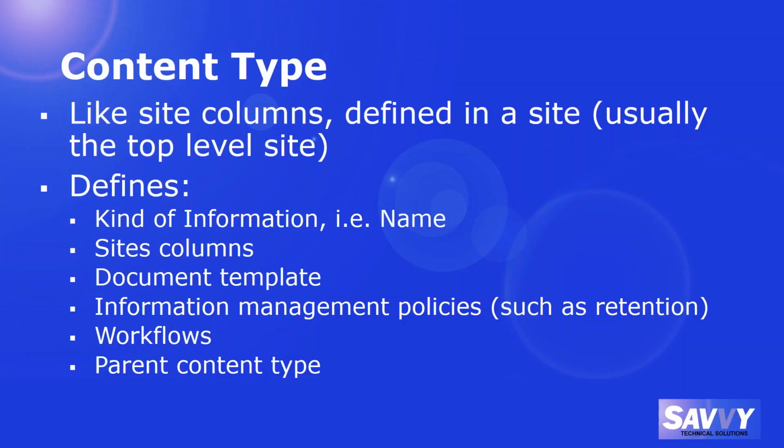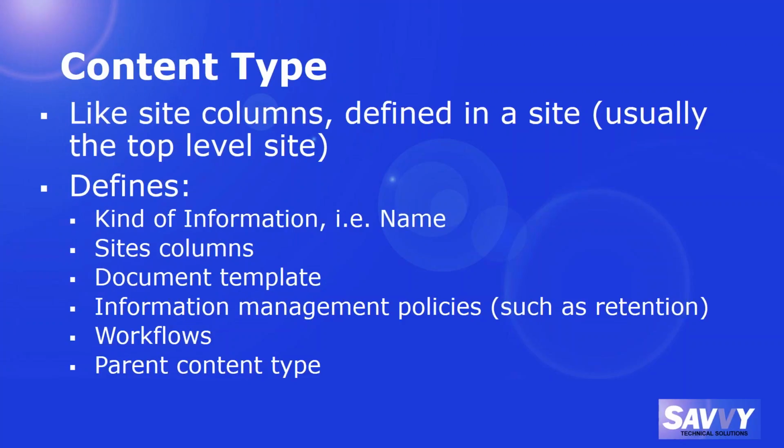Furthermore, we have things like the content search web part, which in publishing sites in particular, or even in search results, heavily rely on these content types to create tailored results. For example, if I want to return all my most recent project documents, because I now know that I'm using a content type and every project document is required to have a project ID and project manager, now I can create a view where I say, show me all the most recent project documents, and I can actually render to the web page the project ID and the project manager.